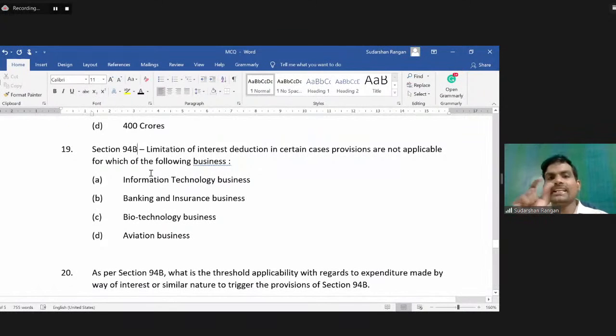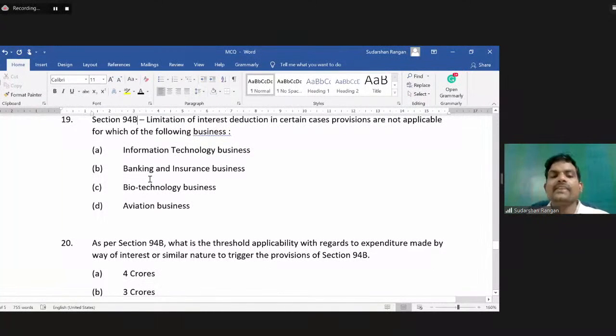So this is called thin capitalization, companies which are thinly capitalized. It's a global terminology. Otherwise, it is your debt equity. Normally, people don't come in through equity because you won't get any deduction on equity. So they try to play around using debt instruments, thereby reducing the taxes. So 94B was introduced. But 94B gives an exemption to one particular business.